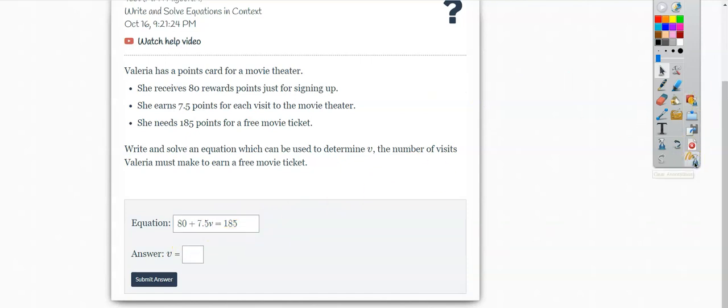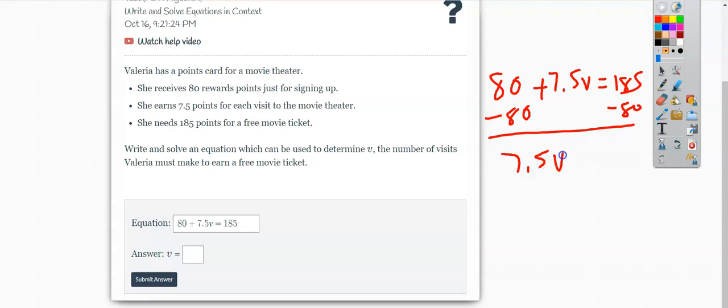Okay, so now I'm going to try solving this. 80 plus 7.5v equals 185, minus 80, minus 80, right? 7.5v equals 5, divided by 7.5, divided by 7.5.